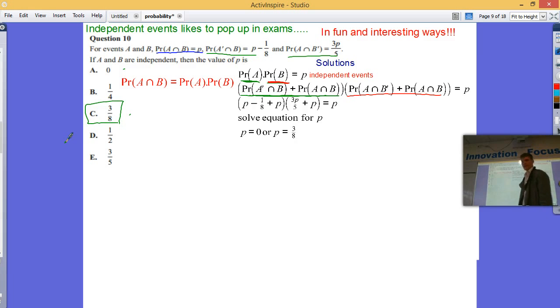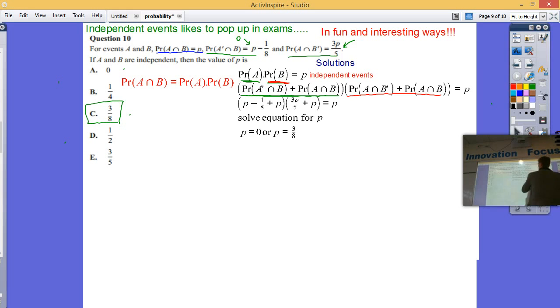Well, if I come back to my expression here, and this one, then if I consider P having a value of 0, then I will have probability of not A intersect B equal to negative an eighth. And that doesn't seem right because you can't have negative probability. So that value doesn't fit. It must be P is equal to 3 on 8 as the correct value.